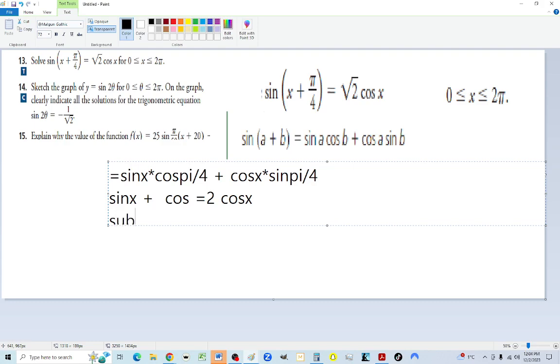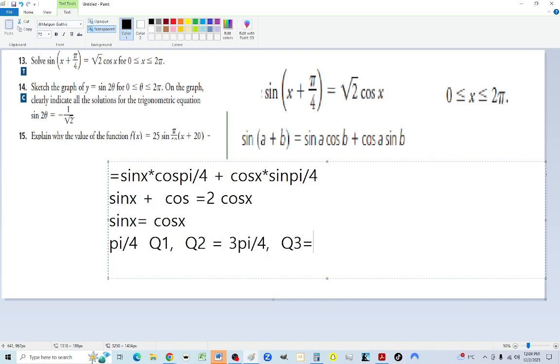If you get sine x to one side, there you go. So you subtract cos x from both sides. You get, when is sine x equal to cos x? The only time that's true is at pi over 4. However, sine x is also equal to cos x in quadrant 2, that's quadrant 1. In quadrant 2, it's going to be equal at 3 pi over 4.